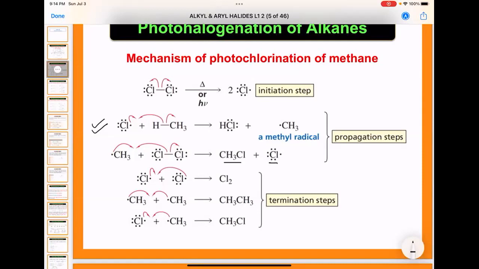But let me tell you one very important point. Suppose the first step is the rate controlling step, then the rate will depend upon the bond dissociation energies of halogen. Okay, what are the bond dissociation energies of halogen? Can you tell me?